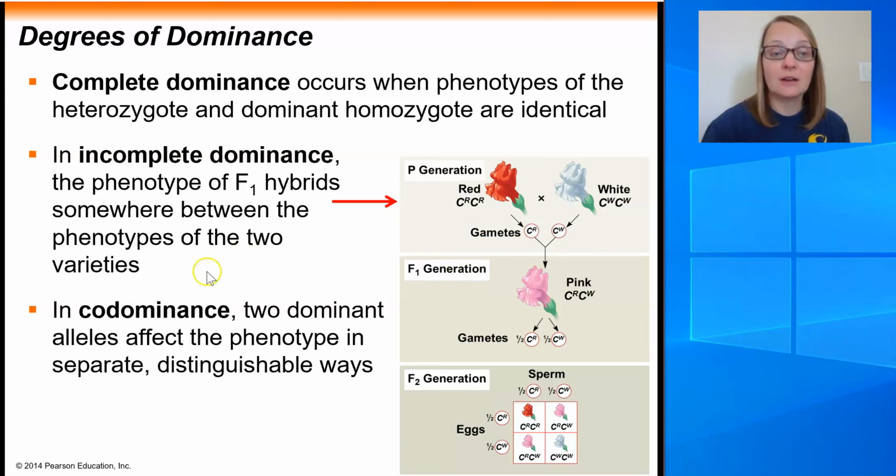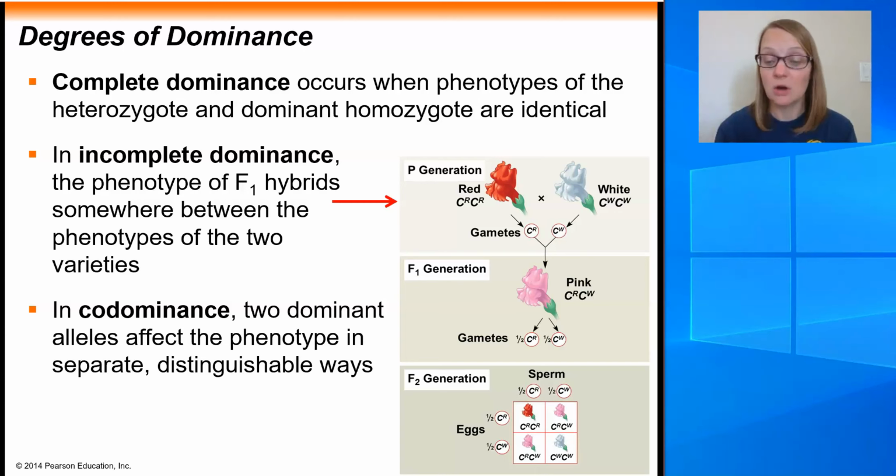All right, and then the other kind of dominance is codominance. When you have codominance, you have two dominant alleles that affect a phenotype in separate and distinguishable ways. We're going to take a look at an example of codominance on the next slide, and we're going to hit two birds with one stone.